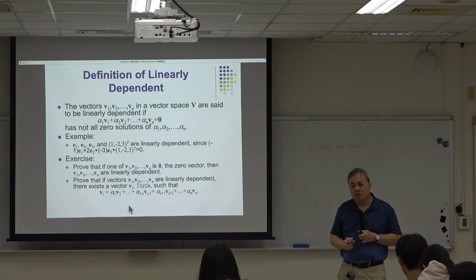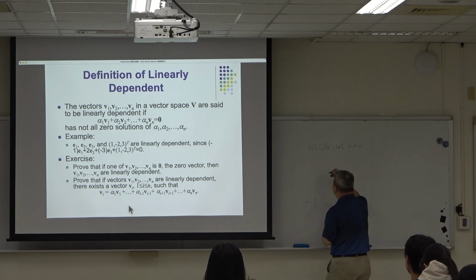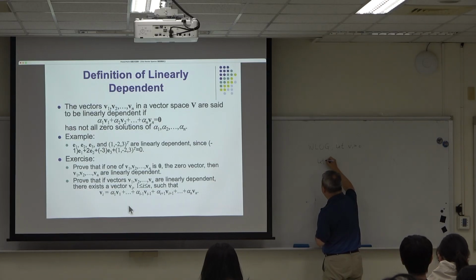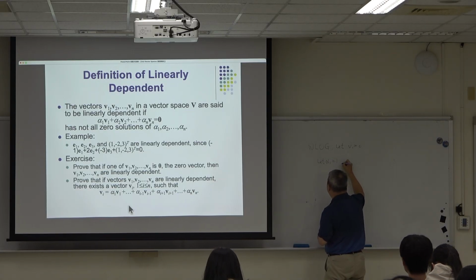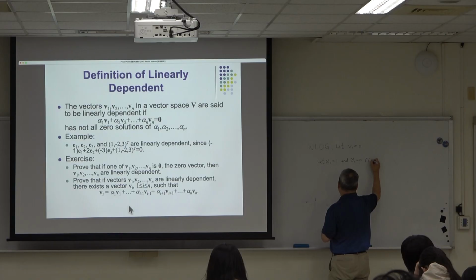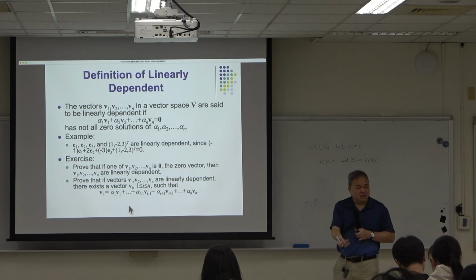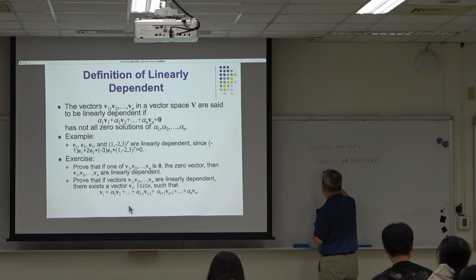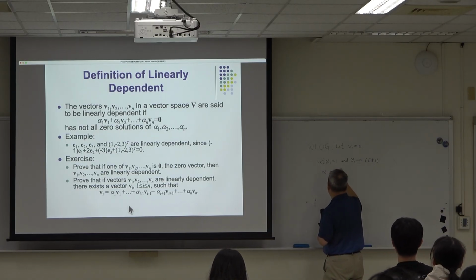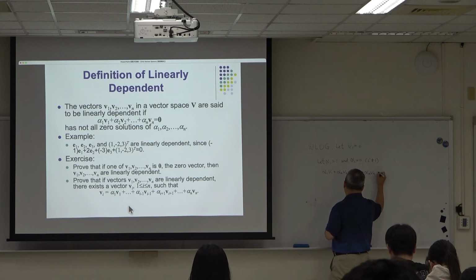So we can just let alpha 1 be 1 and alpha i be 0 for i not 1. Obviously this sum is 0, right?